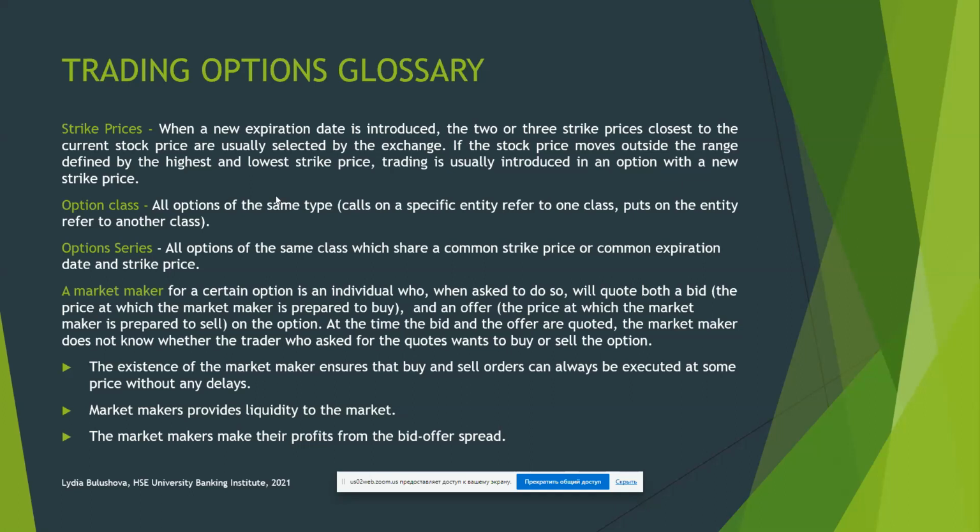Options are divided into classes, like puts on the same asset, calls on the same asset, and all options of the same class which share a common strike or common expiry date are grouped into options series. So this is just the terminology.